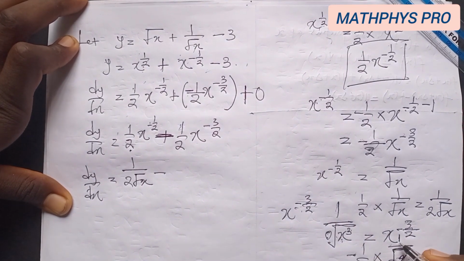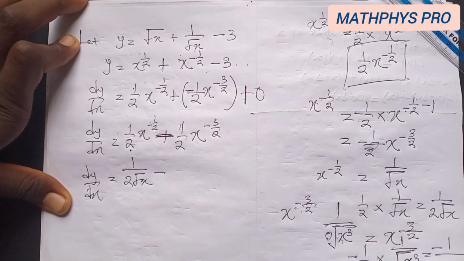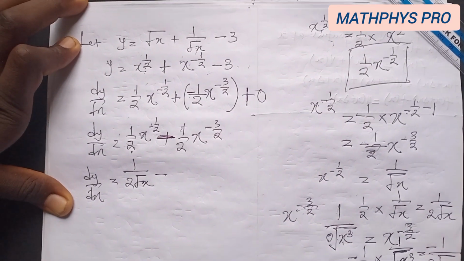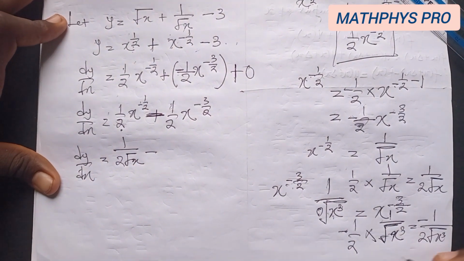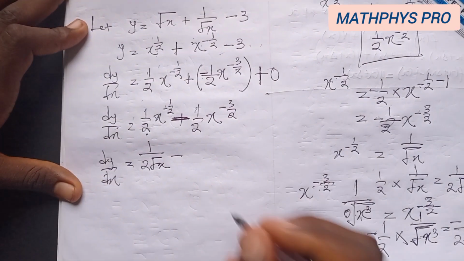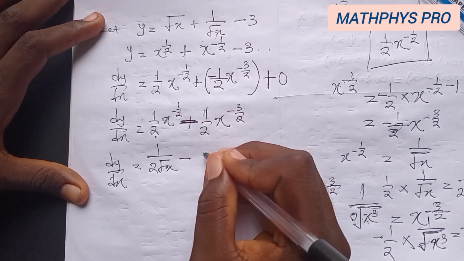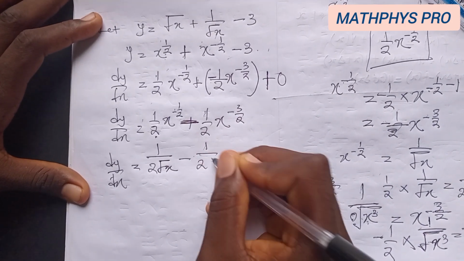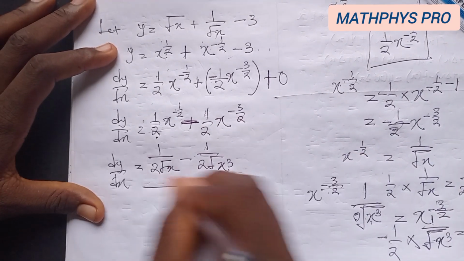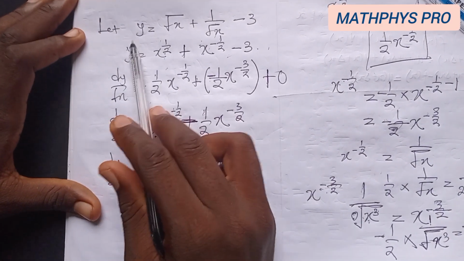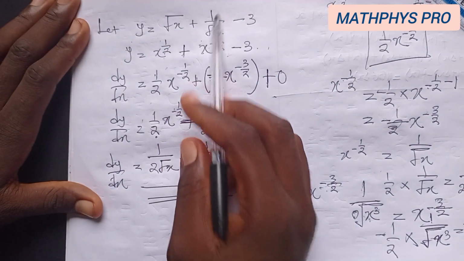So now minus 1 times minus 1, you have minus 1 over 2 root x raised to the power 3. So these are the derivative of y equals the square root of x plus 1 over square root of x minus 3.